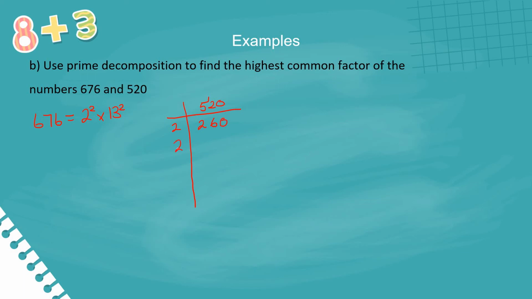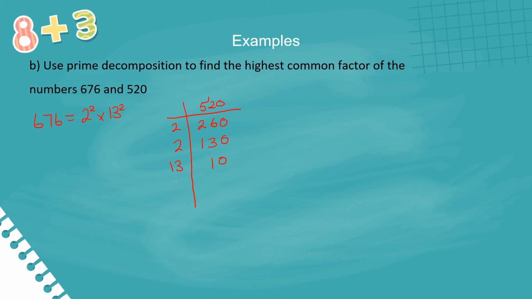Still even, so we can divide by 2 again. 2 into 2 goes once, 2 into 6 goes 3 times, 2 into 0 goes 0 times. You could divide by 2 again because we've got the 0. I actually think in this case I'm going to notice 130 is the same as 13 times 10. So I'm going to divide by 13 because I think that's an easy thing to do at this step. 13 goes into 130 10 times.